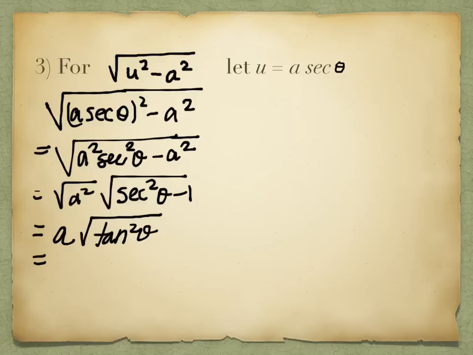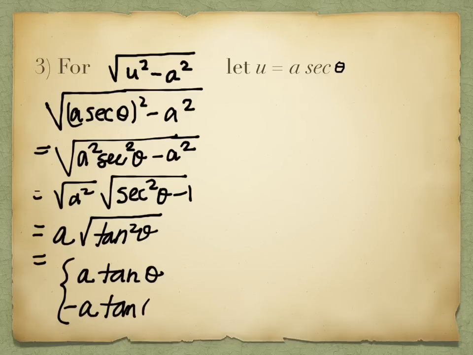Now, this is the only one where I have a catch. The catch is that when I square root a tangent squared, it's not always positive. So I end up with two possibilities. One possibility is that I get A tangent theta. The other possibility is that I get negative A tangent of theta. This has to do with the angles.